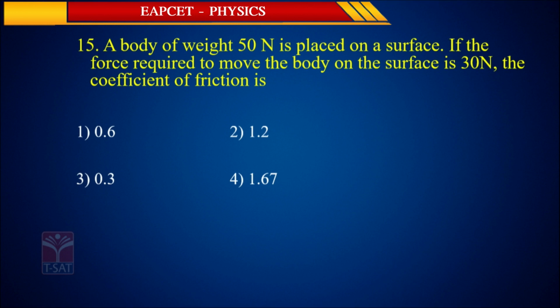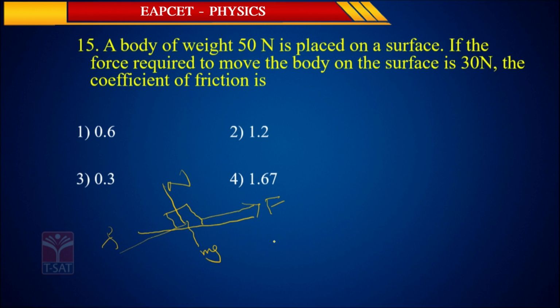See children, suppose this is a table, and on the table one block is there. On that block, the mg force acts straight downward and the normal reaction force acts upward. Here we are applying the force F. The frictional force acts in the opposite direction.